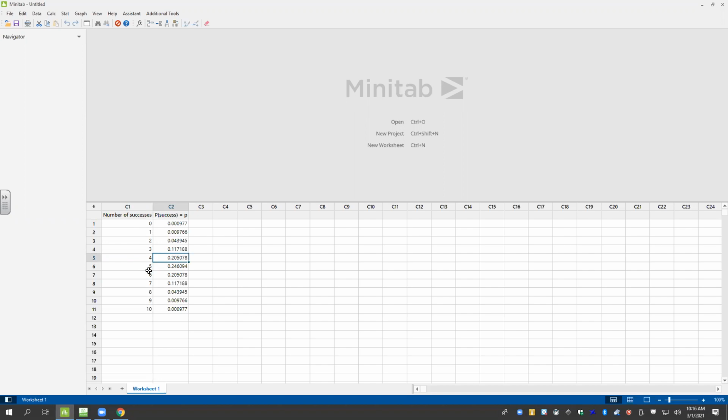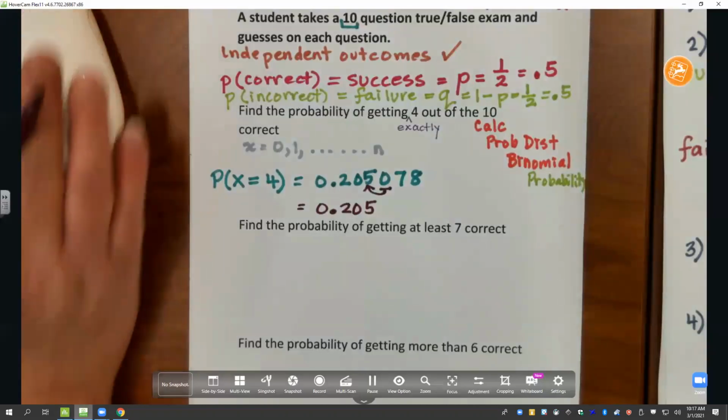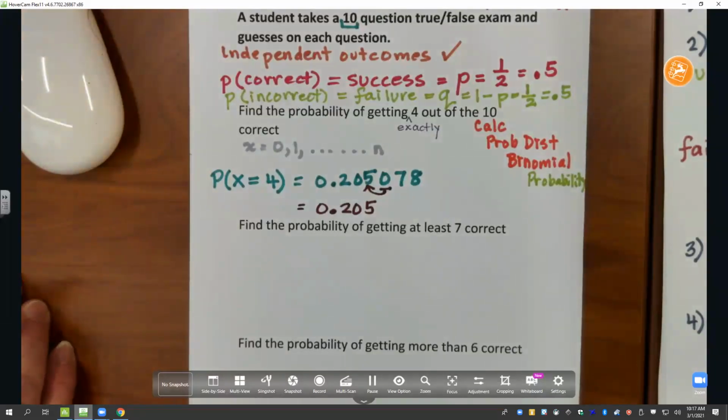I typically think I ask, if I remember correctly, for 3 places. So if I'm going 3 places, 1, 2, 3, next door to that, the 4th place is a 0. It's not going to change the 5. So rounded to 3 places, this would be 0.205. Don't overthink it. The computer is doing all the calculations for you.